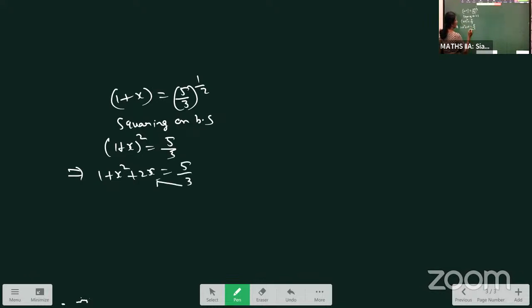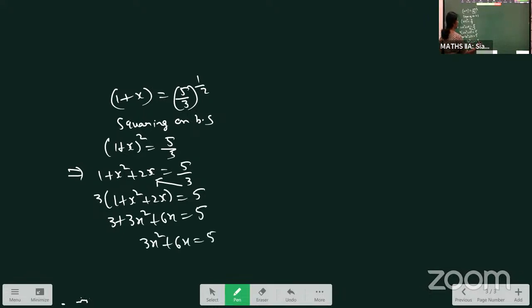Cross multiply with 3: 3 into (1 plus x square plus 2x) is equal to 5. So 3 plus 3x square plus 6x is equal to 5. So 3x square plus 6x is equal to 5 minus 3. Therefore, he is asking the 3x square plus 6x value. We got it as 2.